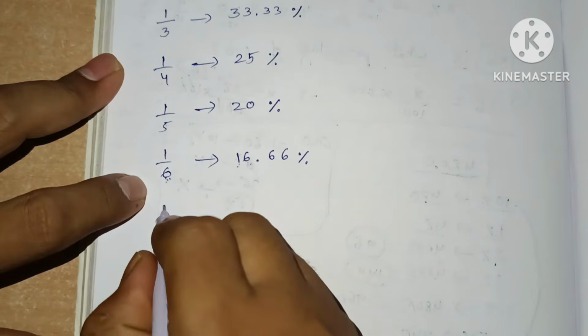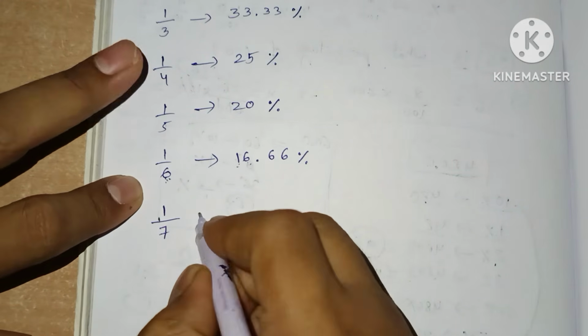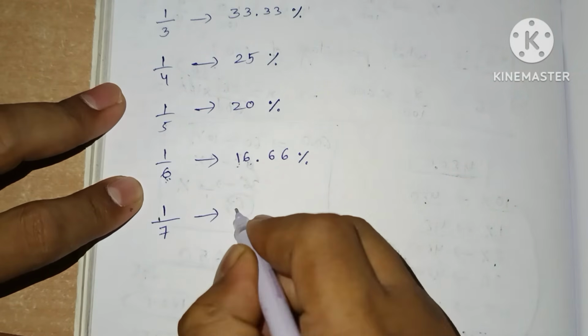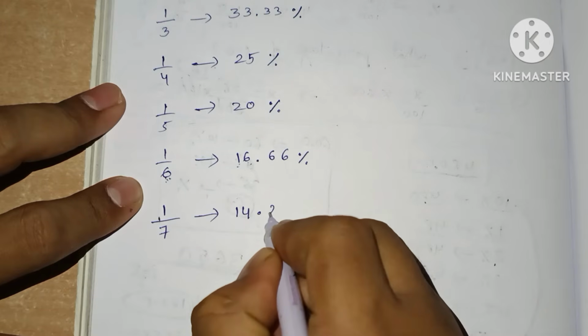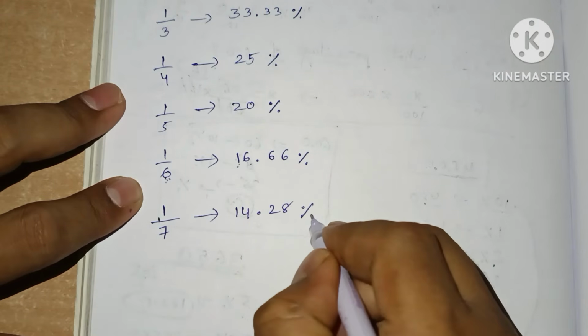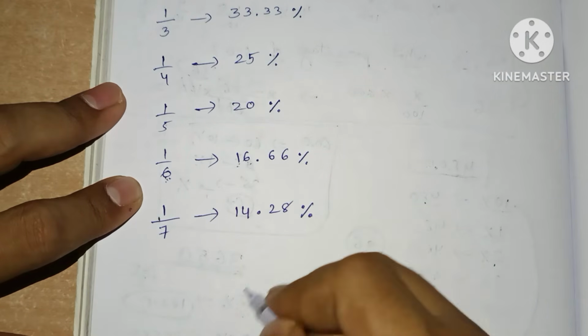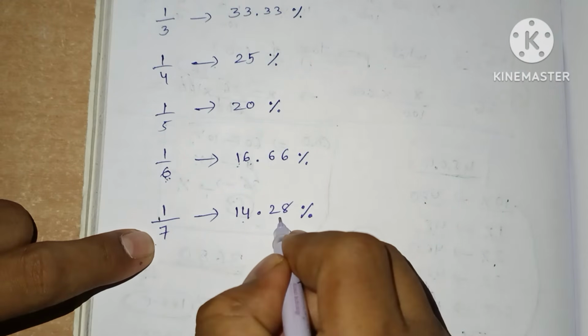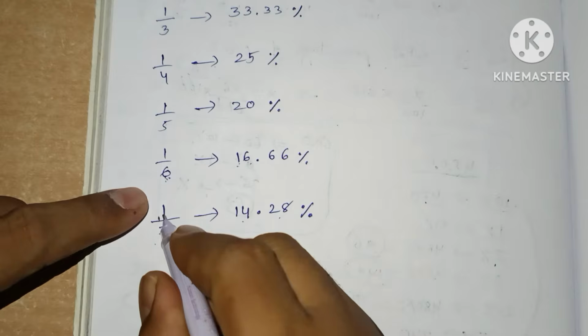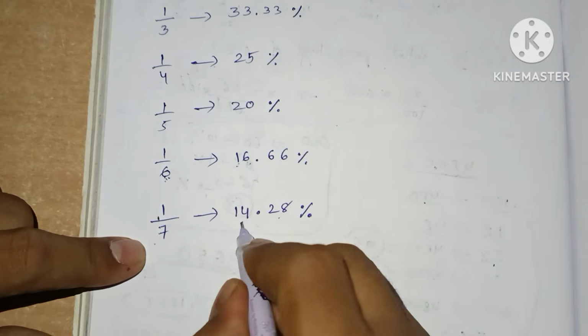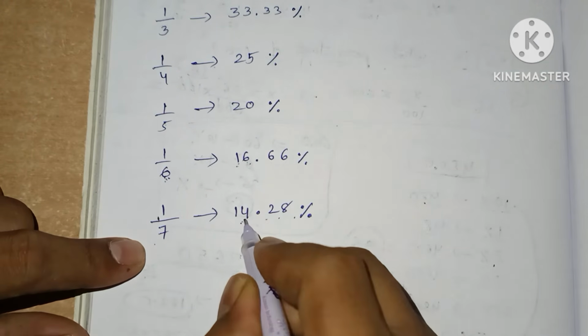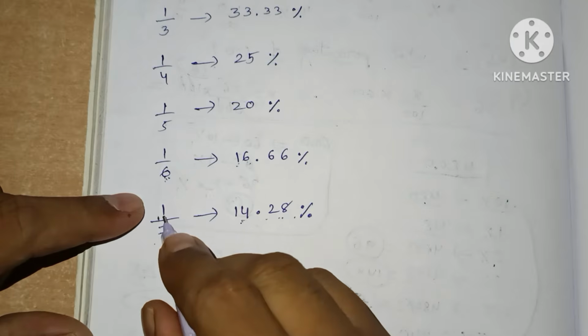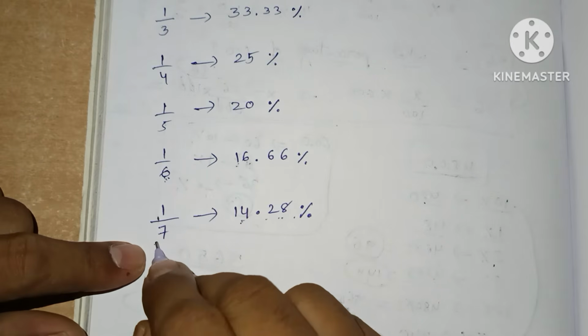Let's see 1/7. The 1/7 fraction value will be 14.28%. How I remember this one is: 7 twos are 14, 7 fours are 28. If I see 14 and 28, I remember these two are in the 7 table, so I write 1 by 7. This is how I remember.